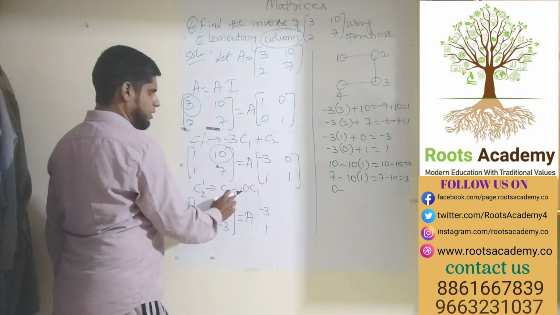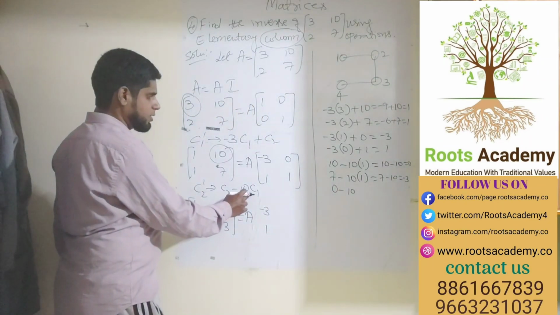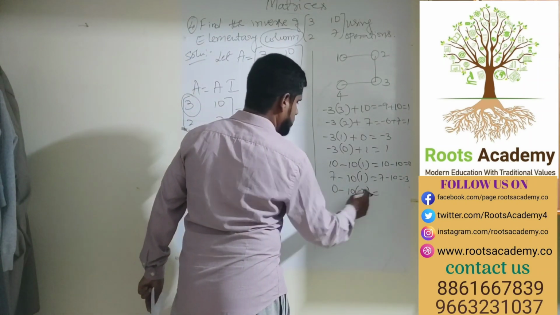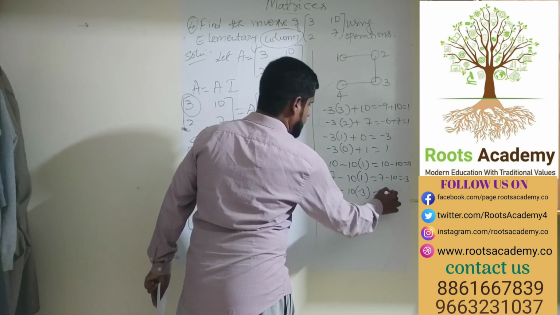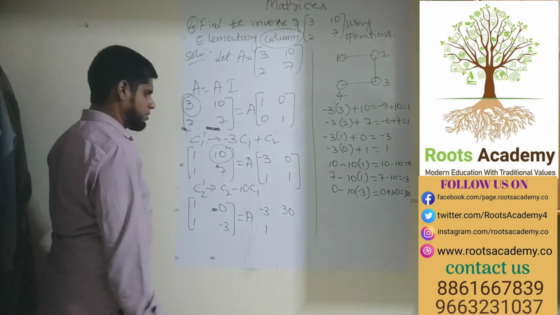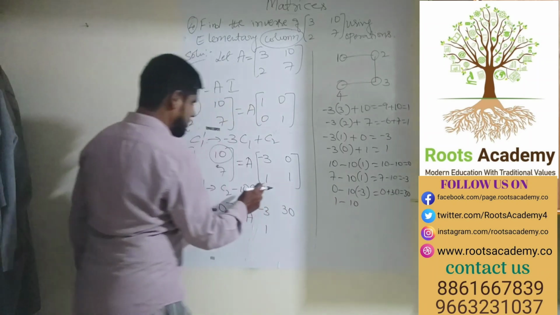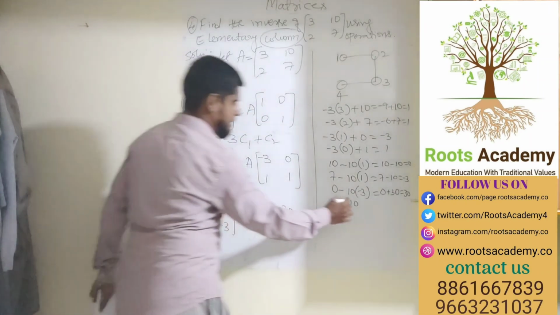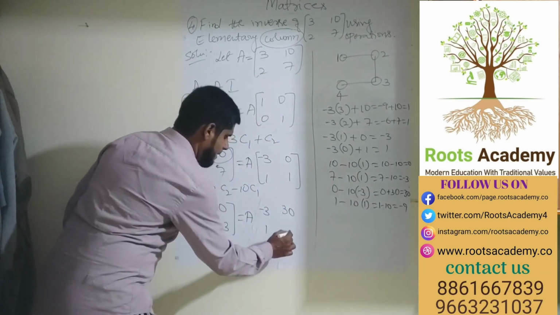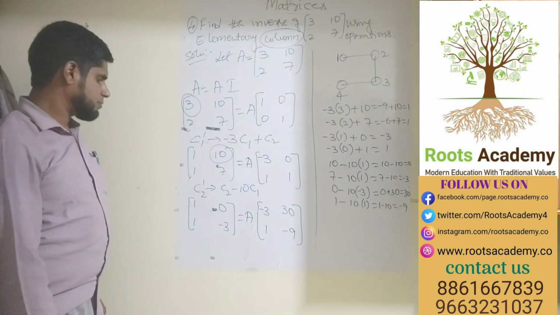This C2 is 0 minus 10, C1 is minus 3. So minus into minus plus, 0 plus 30, it is 30. Okay. The next C2 is 1 minus 10. C1 is 1. So 1 minus 10, it is minus 9. Okay, student, this is the second step.